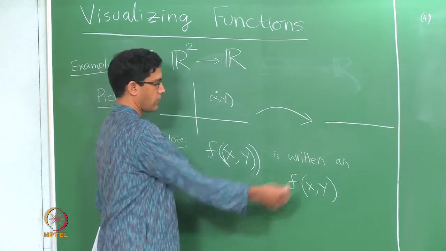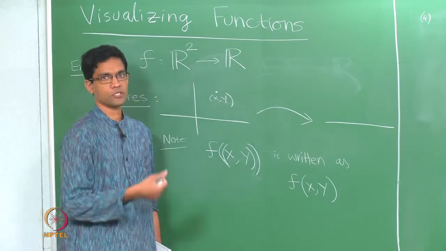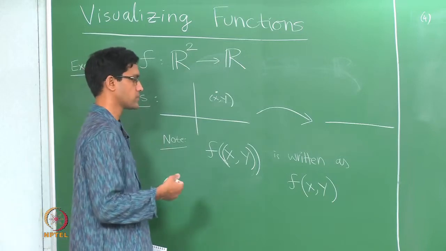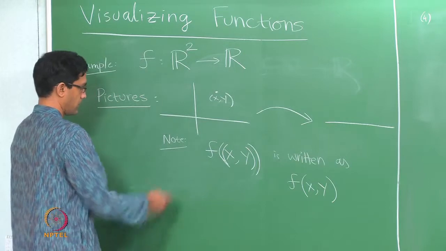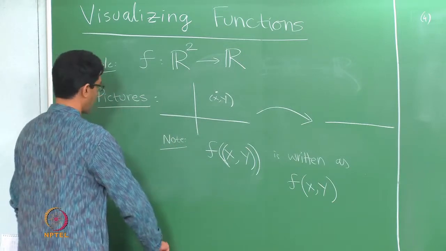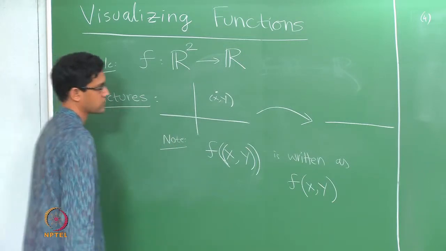Okay. So, this is really what you would call a function of two variables. The two variables x and y you want to think of as being the x coordinate and the y coordinate. And so, I was going to say what sorts of pictures one draws of such functions.